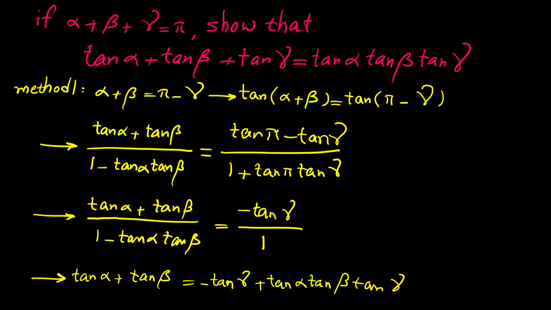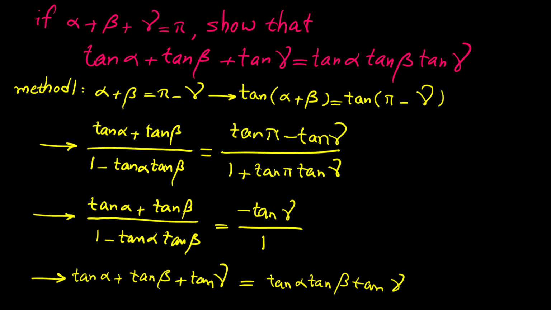So I'm not going to rewrite this again. Here I erase this from here and I move this to the other side, and we get the desired result. So we have tangent alpha plus tangent beta plus tangent of gamma equals tangent alpha, tangent beta, tangent gamma.